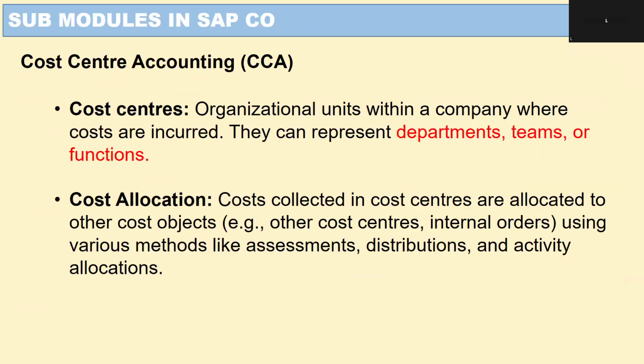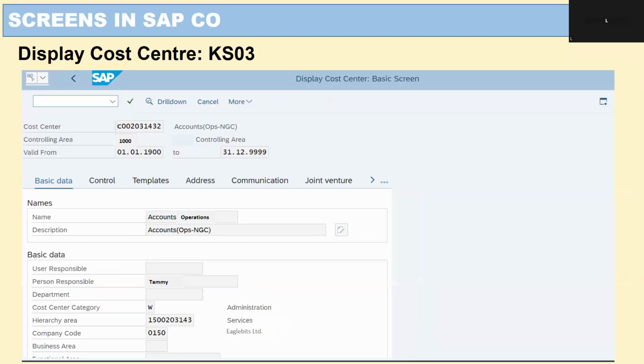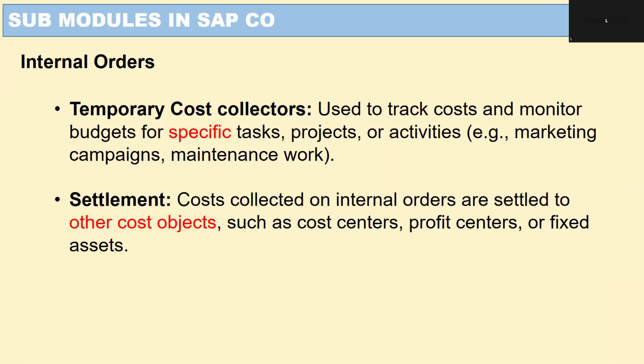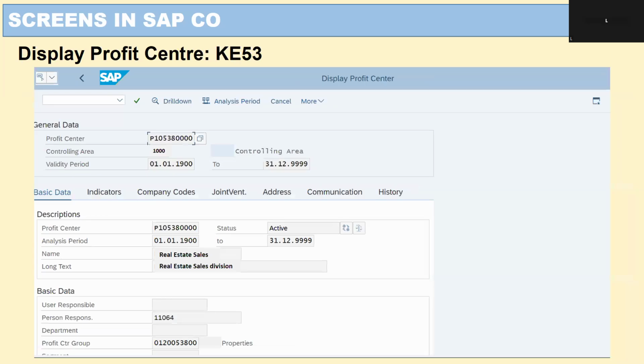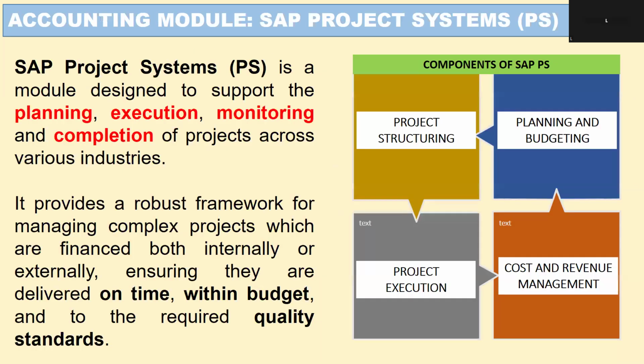And then we talked about the submodules, which range from the cost center accounting to the profit center, to the internal orders, to the profit center accounting as well. So basically, we just covered the entire component of the FI and the CO, that's controlling, in SAP.